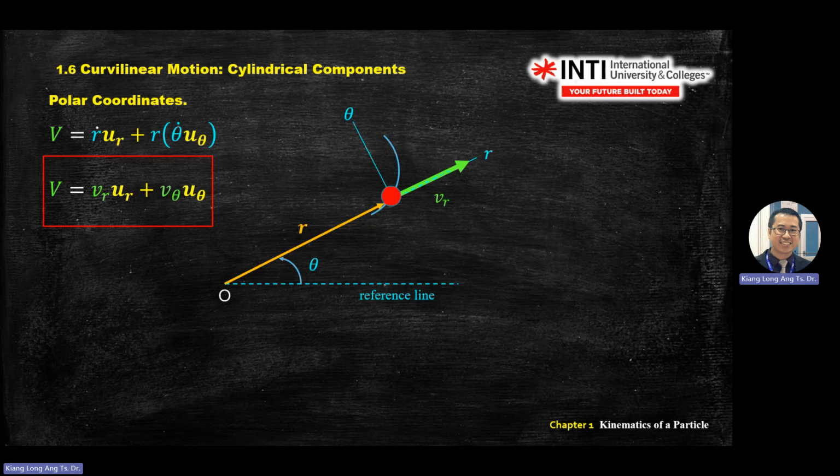Then v theta equals, you have two things there. You have r and theta dot. So you need to calculate what is theta dot, d theta dt. This one is d theta dt. So as long as you write this one and this one, it comes as a pair.